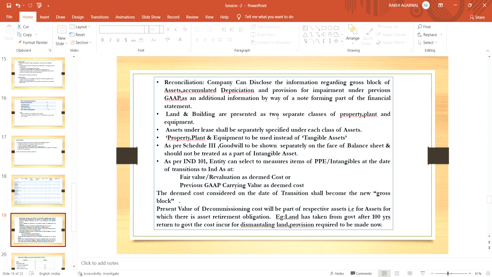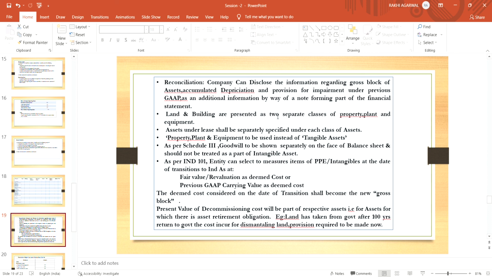Now, how we will present present value? Means we will find out the present value of decommissioning cost. Decommissioning cost is what? That is dismantling cost. Dismantling cost of what? For example, we will discuss by example that if a company has taken a land from government for 100 years and made a building on that, and after 100 years the company has to hand over that land to the government.